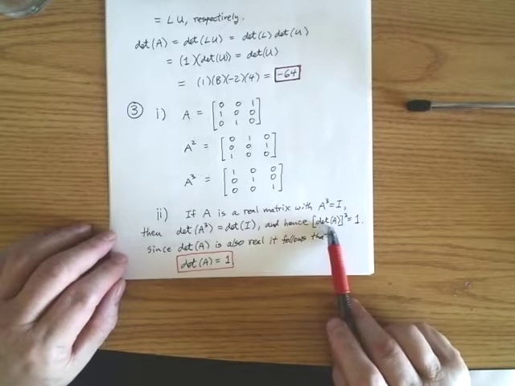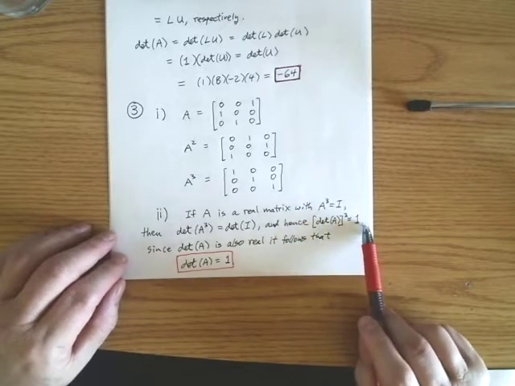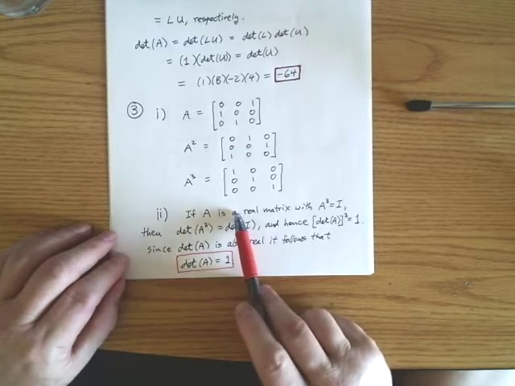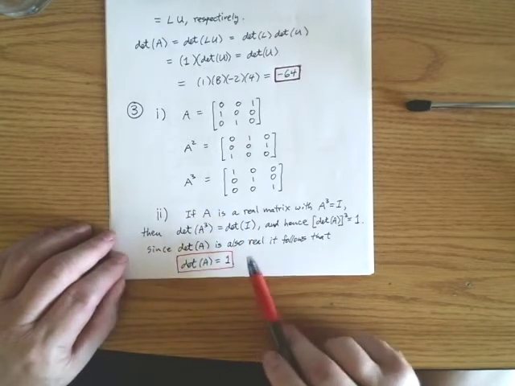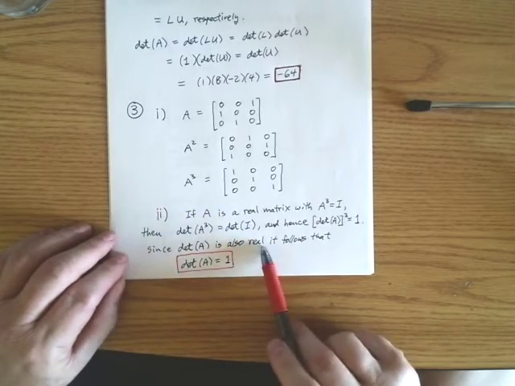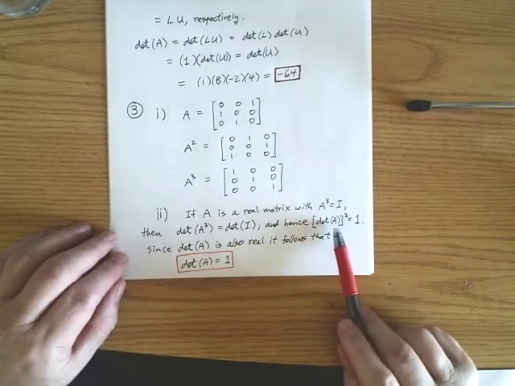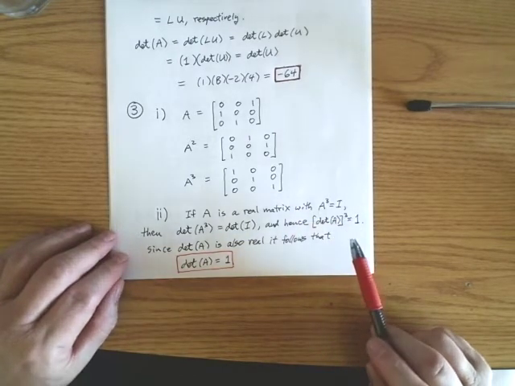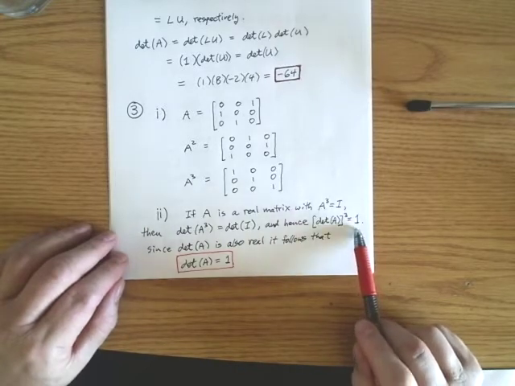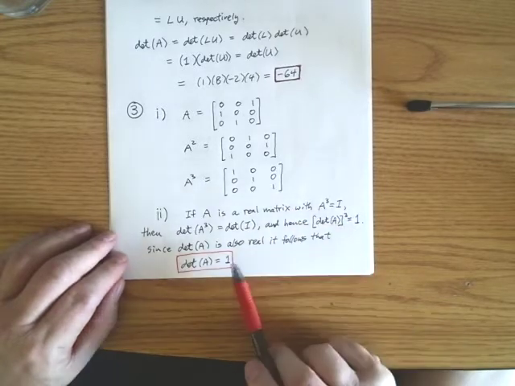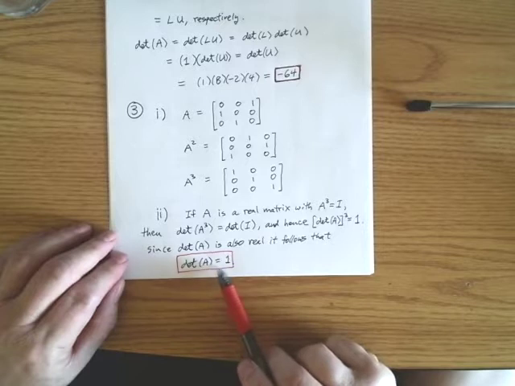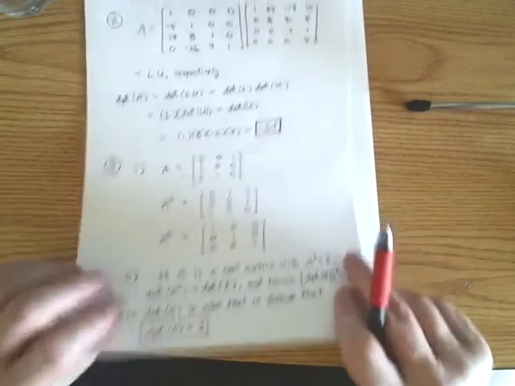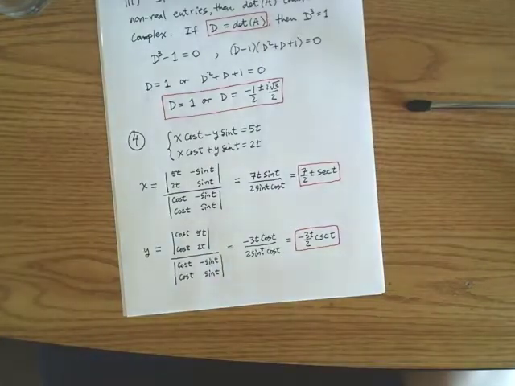So I've got the determinant of A, cubed, is 1. Now, since A is a real matrix, only has real entries, the determinant of A must also be real. Okay? So imagine the equation D cubed equals 1, and you're only looking for real solutions. The only solution would be D equals 1. So the determinant of A is going to have to equal 1. Okay, so there's number 3, double I.